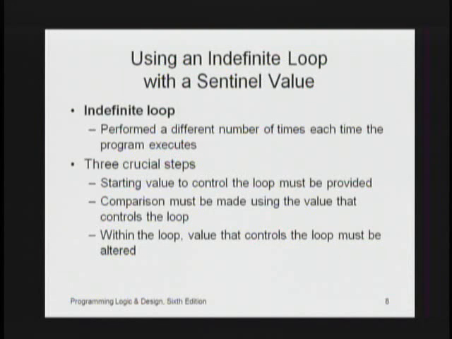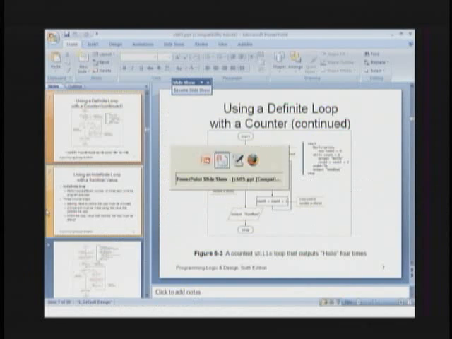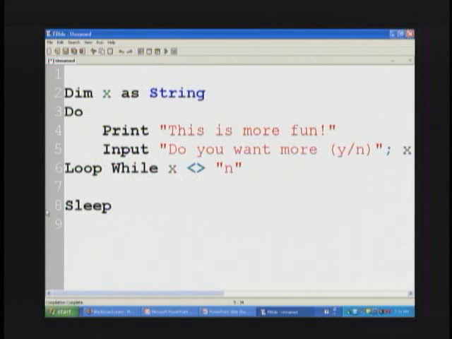Indefinite loops are loops that don't perform a specific number of times. That's different from an infinite loop. An infinite loop never stops. An indefinite loop, you don't really know how many times it'll go. It usually depends on the user, and we just looked at one of those. You must alter the loop control variable in an indefinite loop.